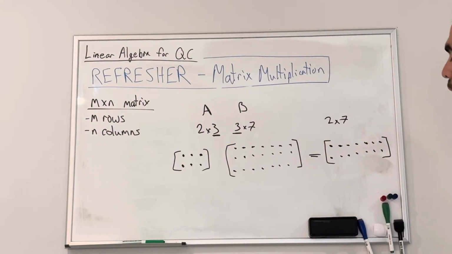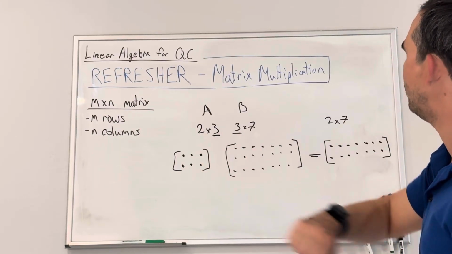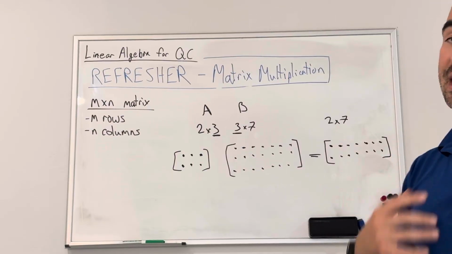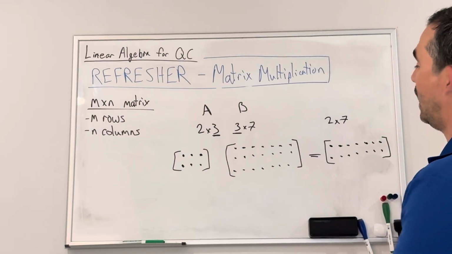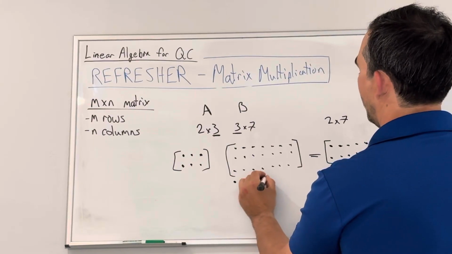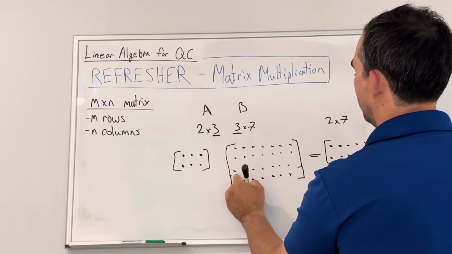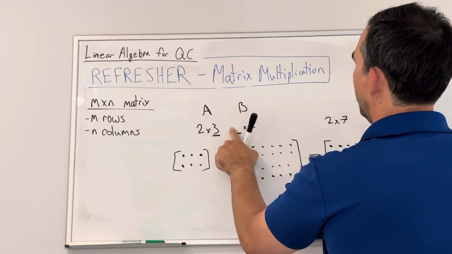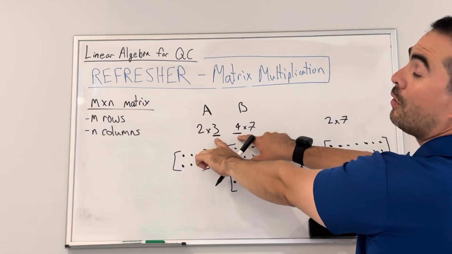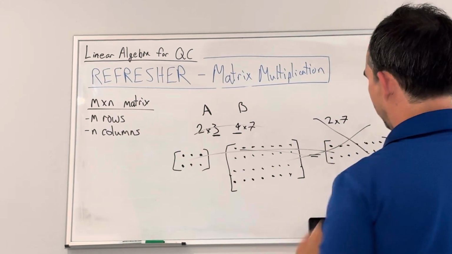A 2 by 3 multiplied by a 3 by 7 gives me a 2 by 7 matrix. If matrix B actually had 4 rows, then these 2 numbers in the middle are no longer the same, and I cannot do a multiplication. It just does not work.